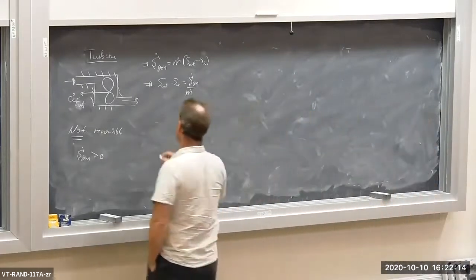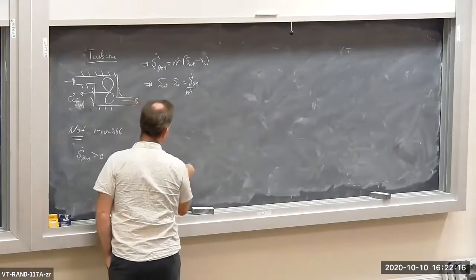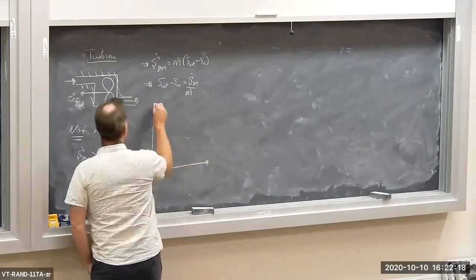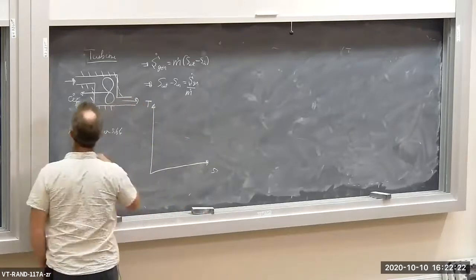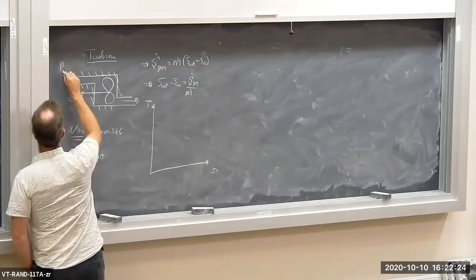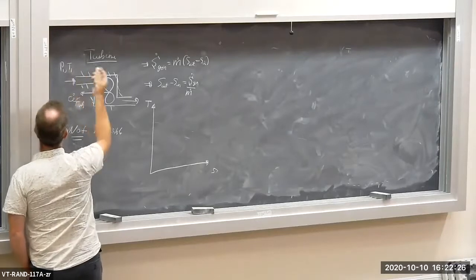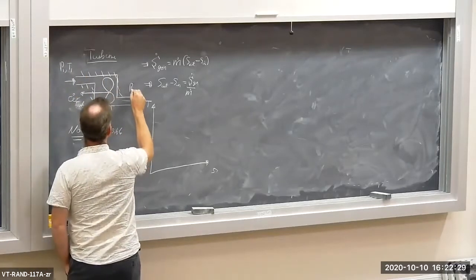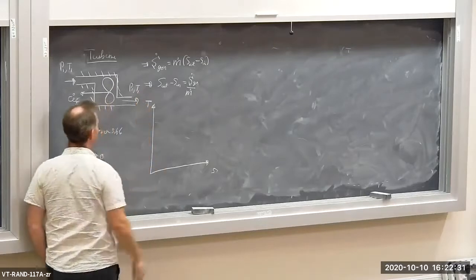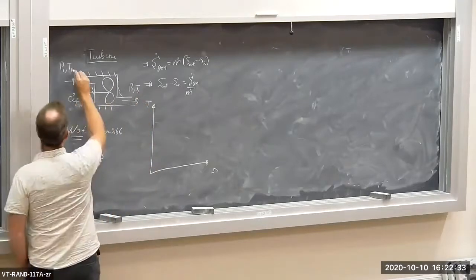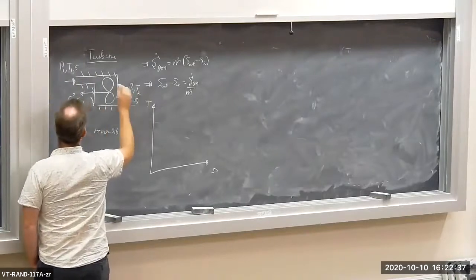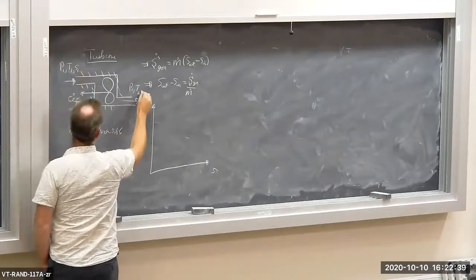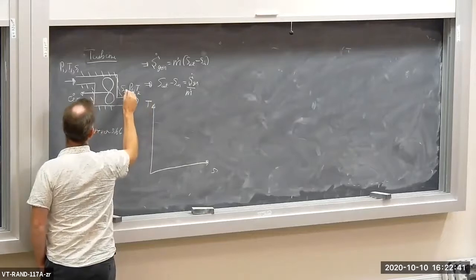So if I draw the TS diagram for this device here, let's say I've got an inlet pressure P1, an inlet temperature T1. I have an outlet pressure P2 and an outlet temperature T2. Of course, I have specific entropy too. I have S1 and I have S2.